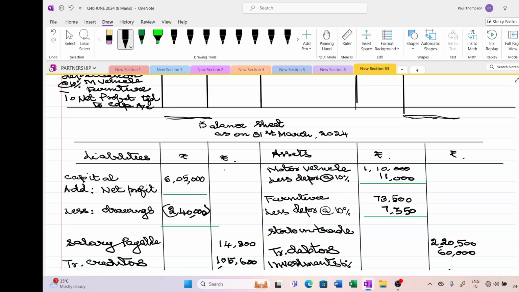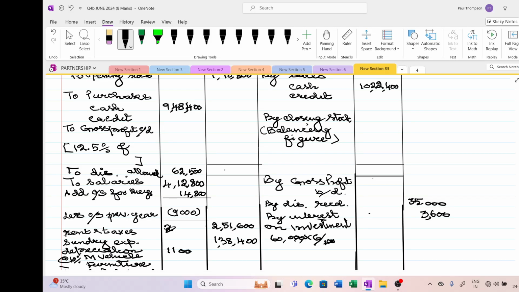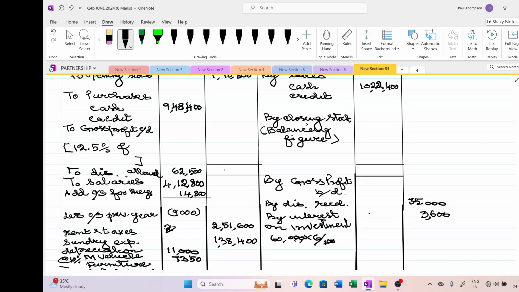We have to take it to P&L account. Depreciation, I have to write it in the inner column, 11,000 and 7,350. The total comes to 18,350.